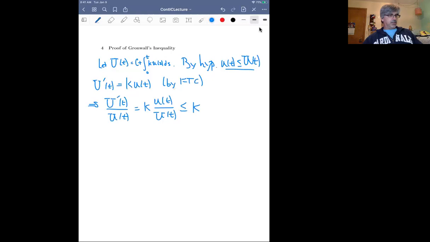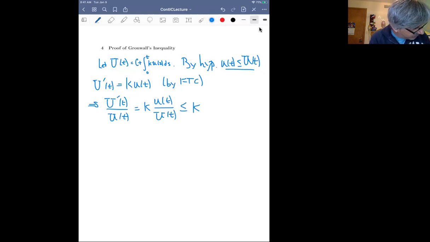Okay, so that just followed from the hypothesis of that odd inequality, that u was bounded by that integral, the hypothesis of Gronwall's inequality. So why did I do that? Well, I did that because on the left-hand side, I can express the left-hand side as a derivative.